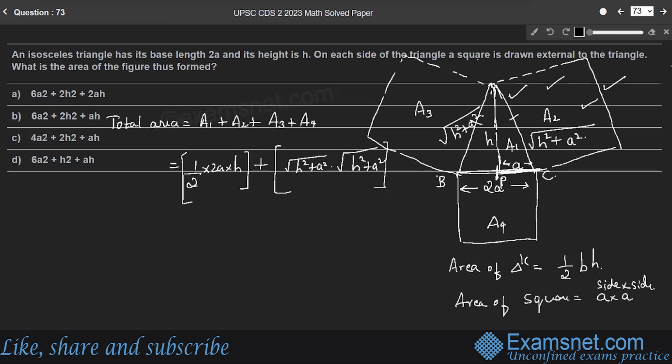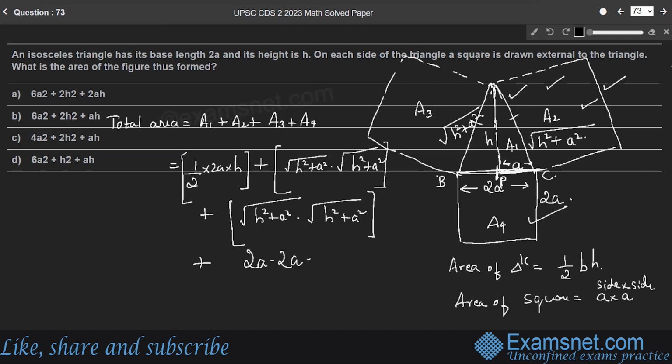Two sides are equal, so the area becomes the same. Two areas are equal. And the last area, A4, is side into side. Its side is 2a, the base length, so the area is 2a into 2a.